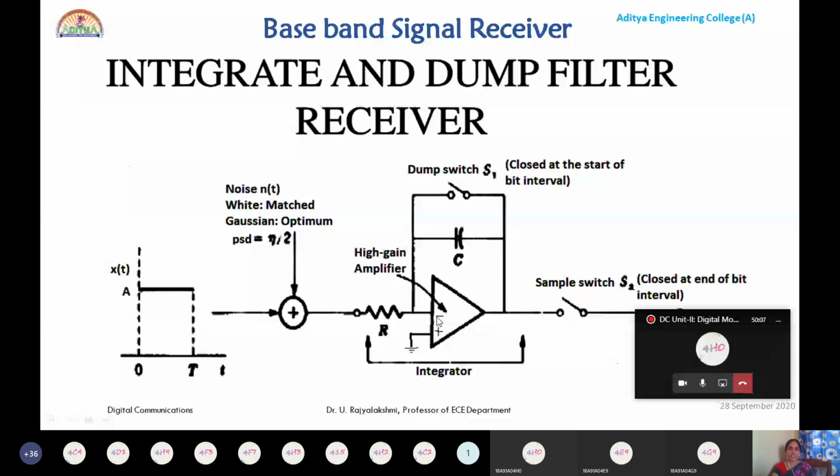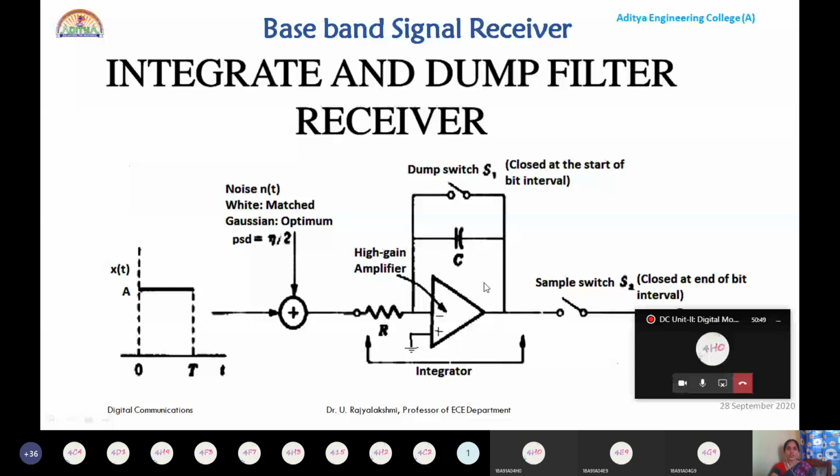And for the inverting terminal, you apply the input via the resistor R, and feedback is given by the capacitor, that is, you are taking the output via the capacitor.